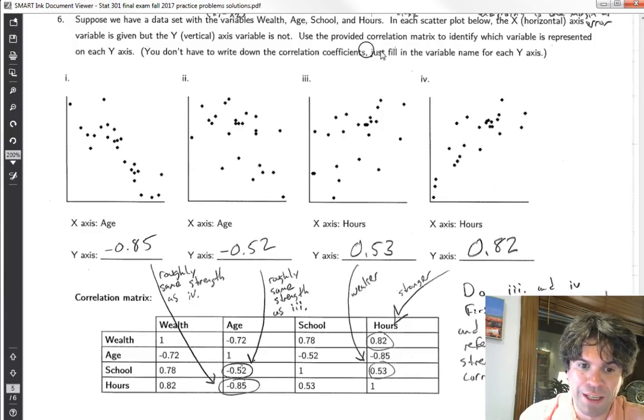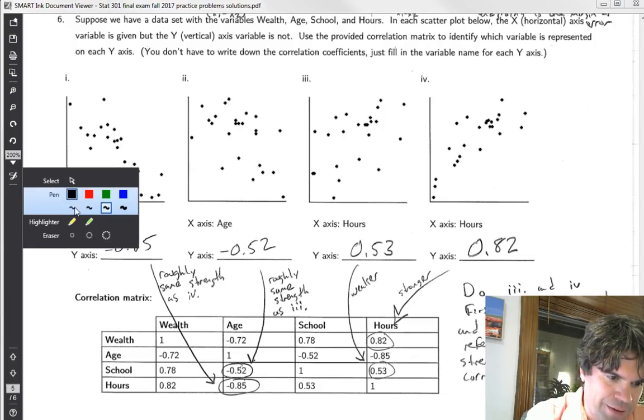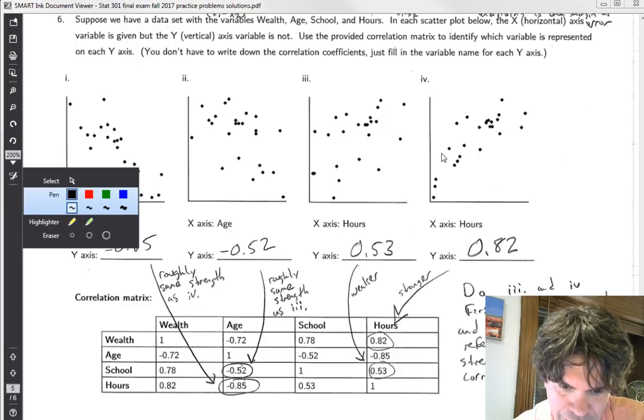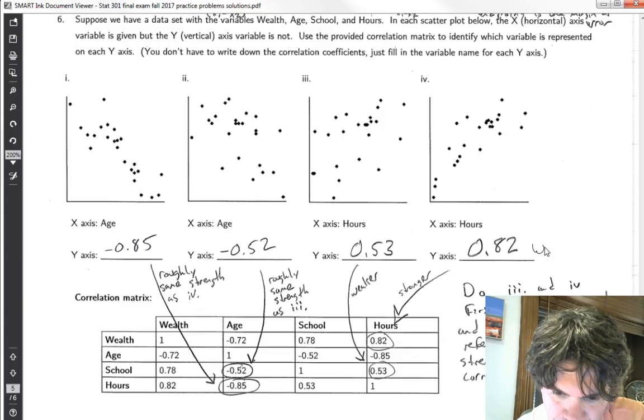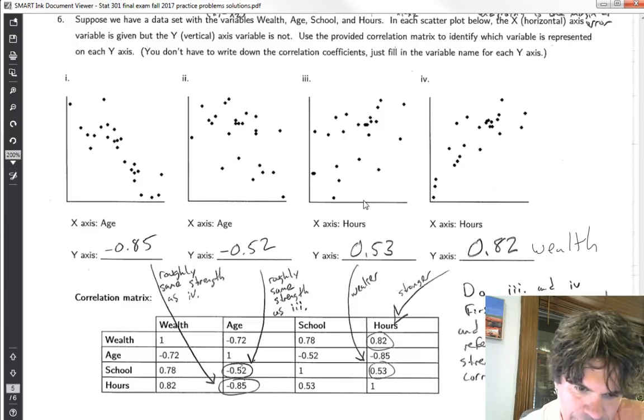And I think it's pretty clear when you look at these two that 4 has the stronger correlation and 3 has the weaker correlation, so 4 has got to be the 0.82. 3 has got to be the 0.53, and I should follow my own instructions here and write down what these are. So for 4, y-axis is wealth, and then for 3, y-axis is school.